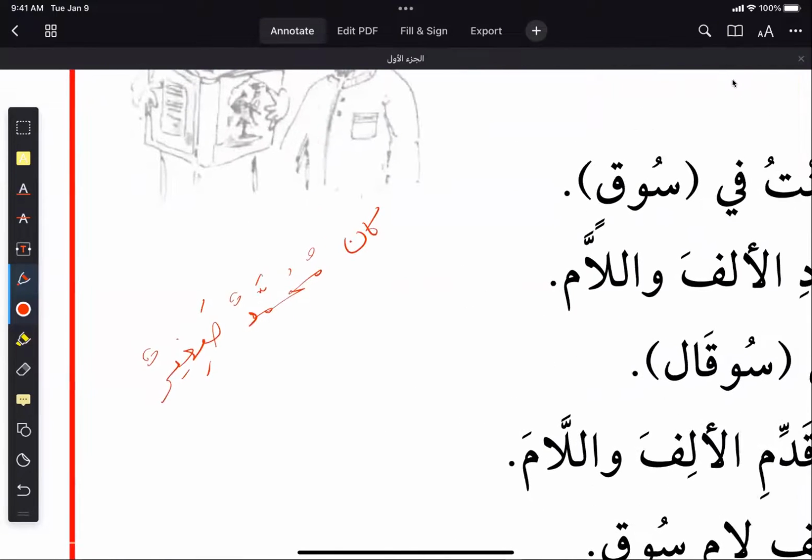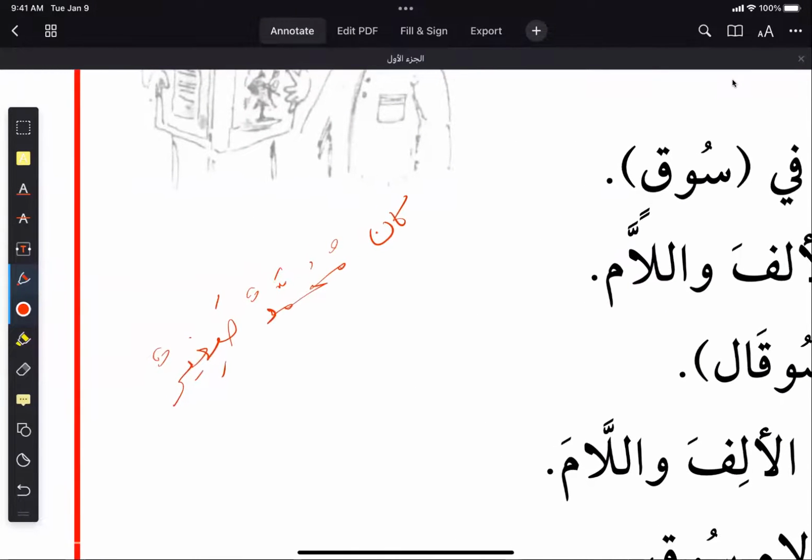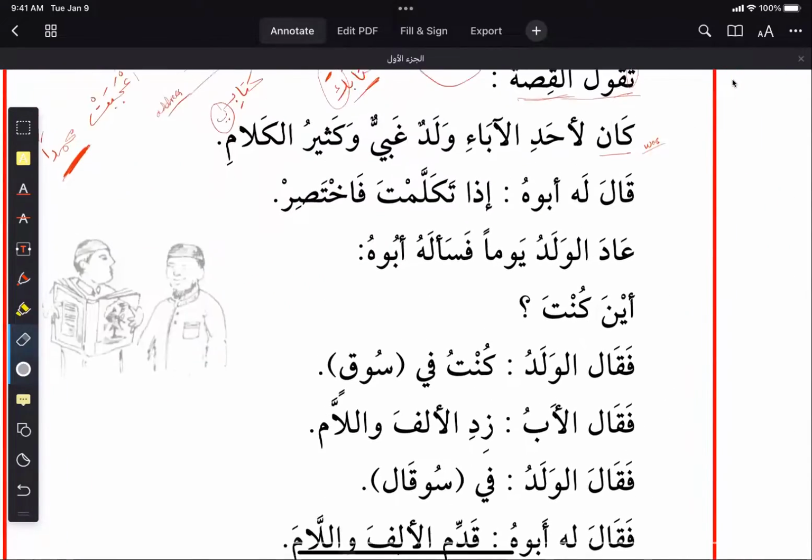We just say the same thing. Instead of saying is, kana is the past tense of is, which is was. So instead of saying Muhammad is small, if we say kana Muhammadun, then it will change a little bit here. It will be saghiran. Then we say Muhammad was small. So it's a very simple way of making something into past tense.